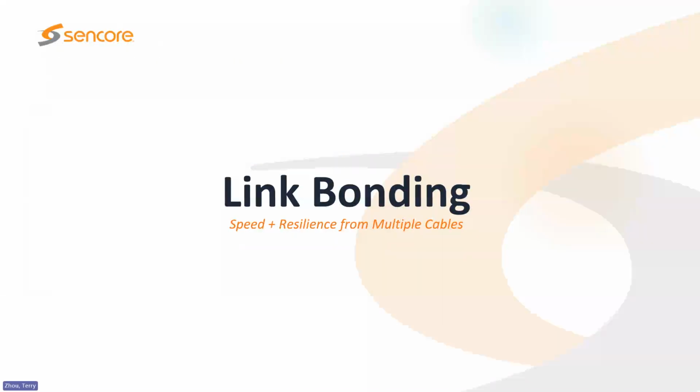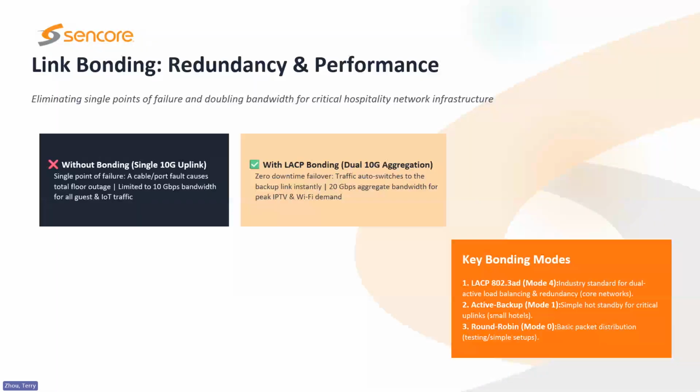As a large network, you will consider the security of the network and the reliability of long-term running. So link bonding or link aggregation may be considered. What is link bonding? Link bonding is mainly used for redundancy or performance.